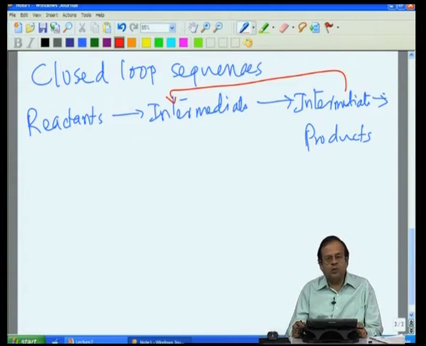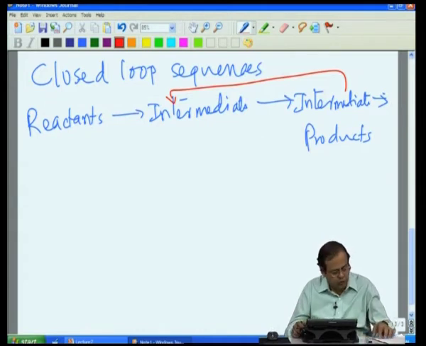So, we will start with examples of closed loop sequences, two examples, chain reactions and polymerization reaction, and see what happens to the kinetics of these processes.